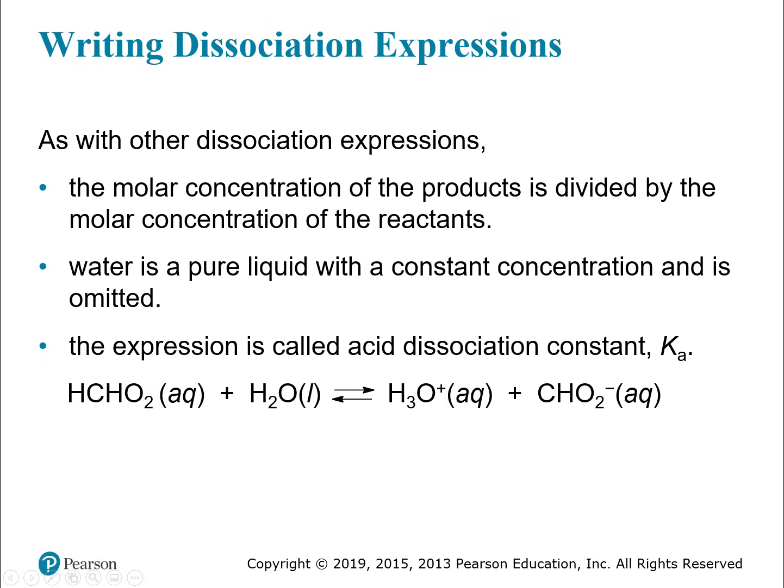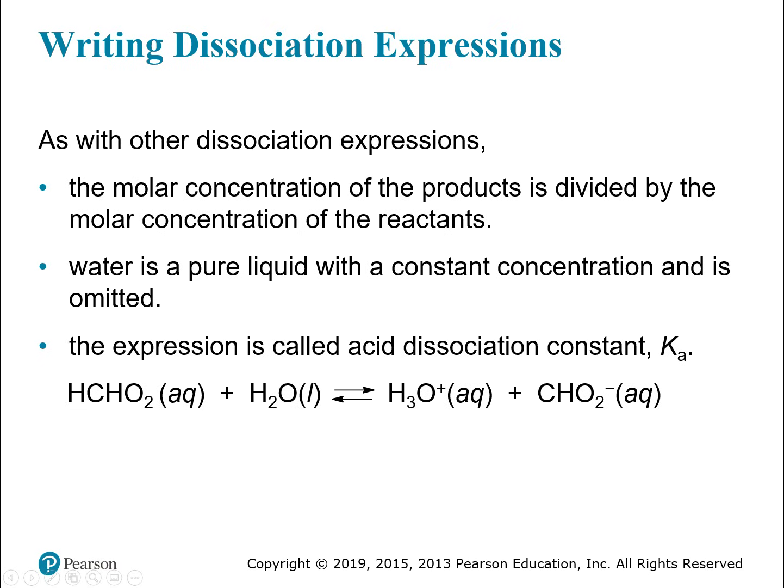What we're interested in when we're writing dissociation expressions is the concentration of the products and the reactants. We're looking at the molar concentrations. We talked about molarity in chapter 9. So that's moles over liters, right? We care about the molar concentration of products and reactants. But what we don't care about is pure liquids that have a constant concentration.